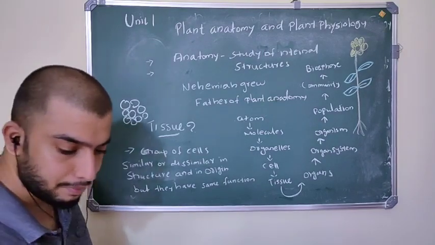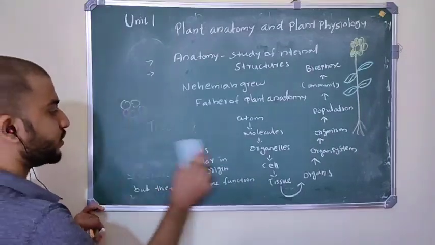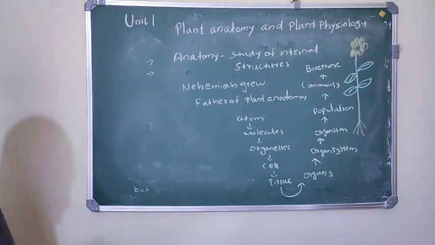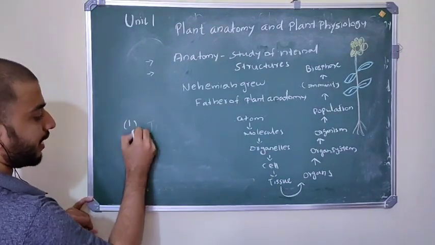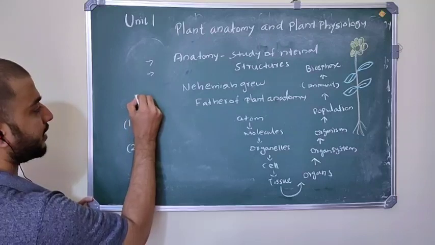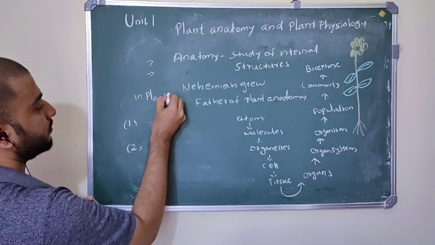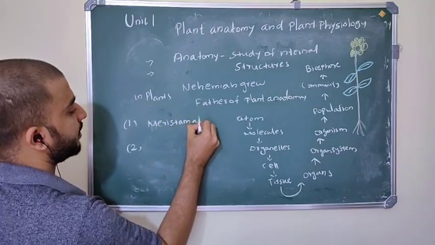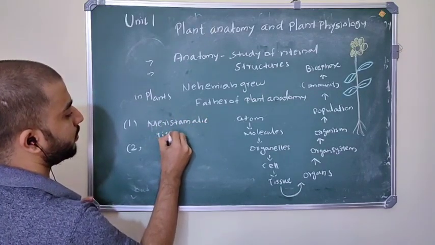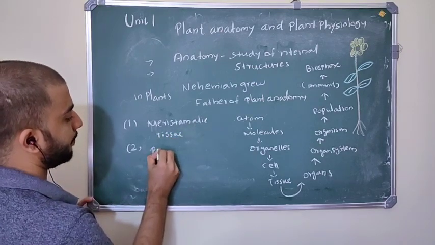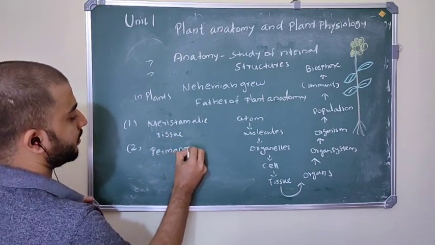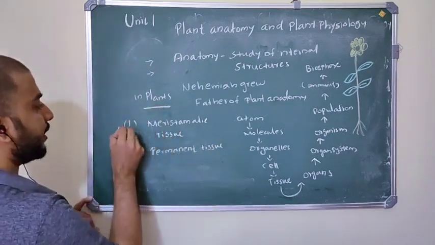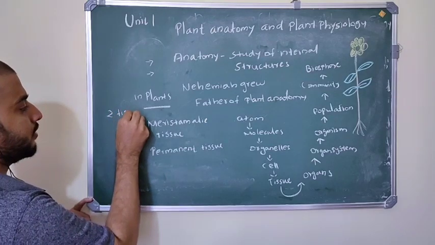Basically in plants, the tissue is divided into two types.